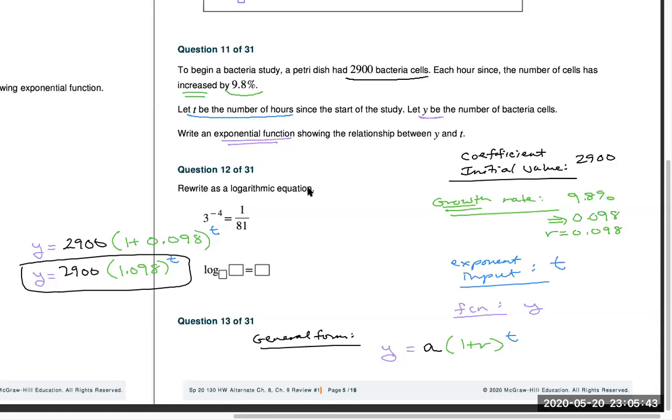Again, I just want to emphasize that this is really a two-variable form. It's fine though, because it's still going to be a function, okay? But technically in function form, you'd have y of t equals 2,900 times 1.098 to the t power.